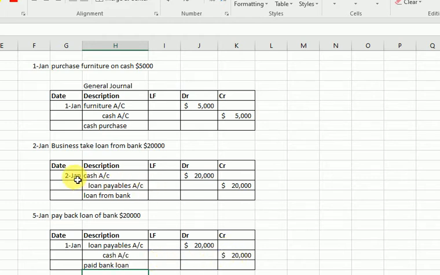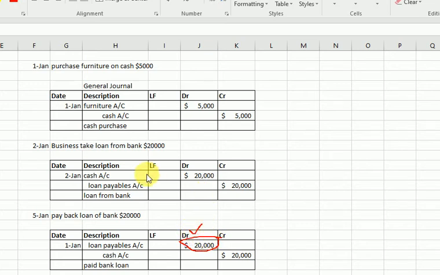So look at, in the January 2 transaction, liability is increasing, that's why we record that liability on the credit side. And here in the 5th January transaction, our liability is decreasing. Here liability is decreasing, that's why a decrease in liability is recorded on the debit side.